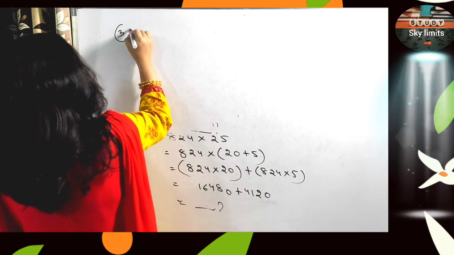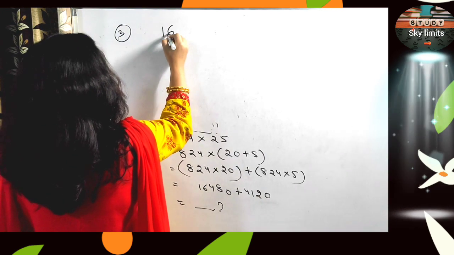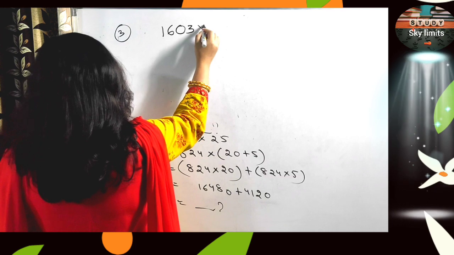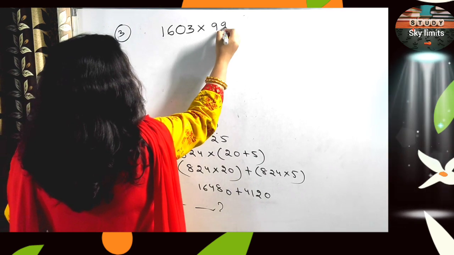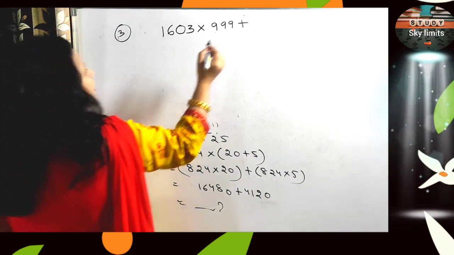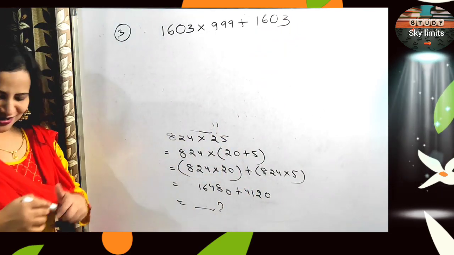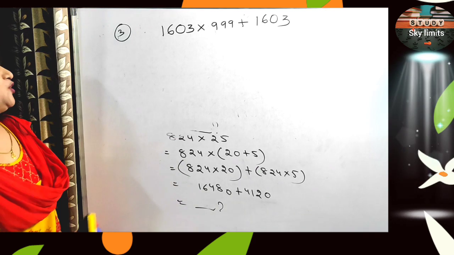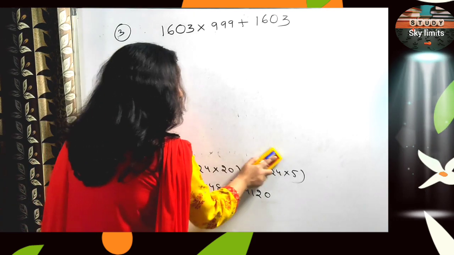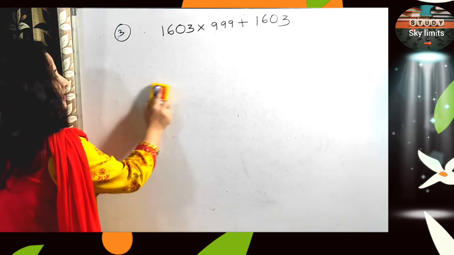Number 3. Suppose you get a question like this, 1603 multiplied by 999 plus 1603. Suppose you got a question like this, and you are asked to multiply using the distributive property.